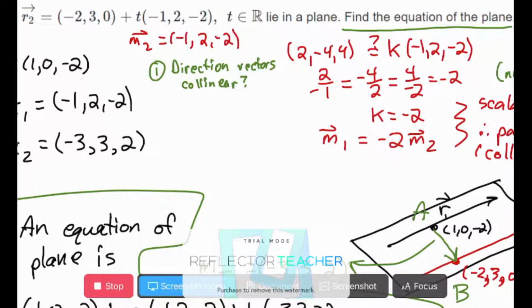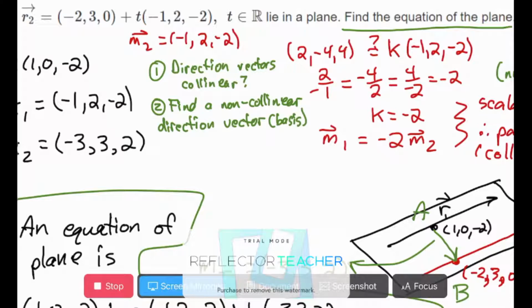Next, we found another direction vector. So find a non-collinear direction vector, or basis vector for our plane.